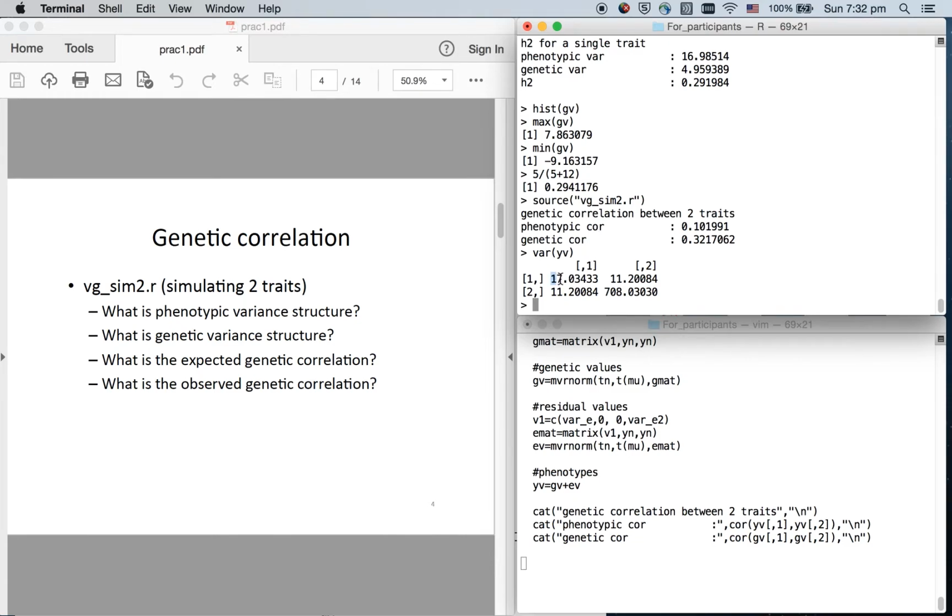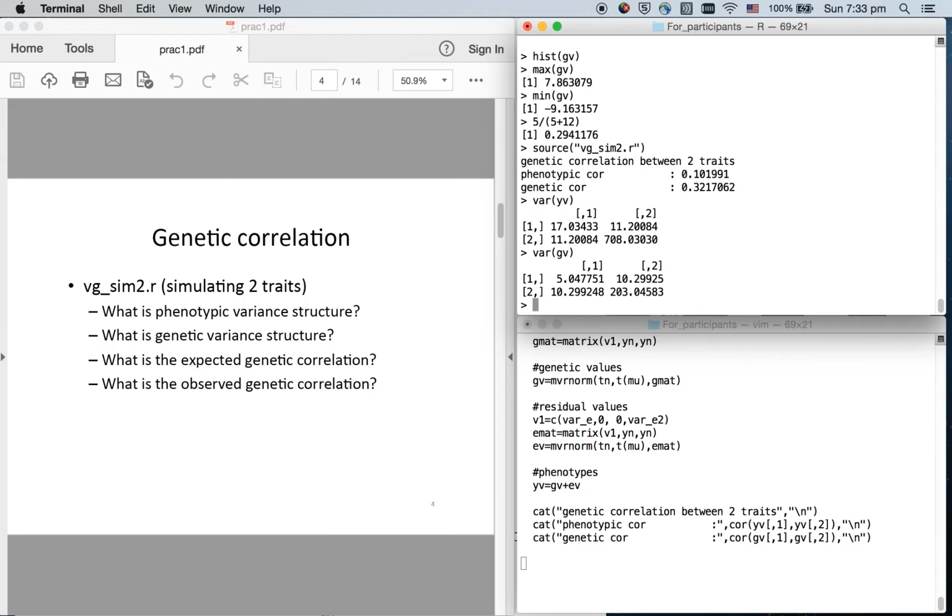This is the genetic variance plus residual variance for the first trait, and this is for the second trait, and this is the covariance. And what is the genetic structure? That is GV. This is the genetic variance for the first trait, this is the genetic variance for the second trait, and this is the genetic covariance.